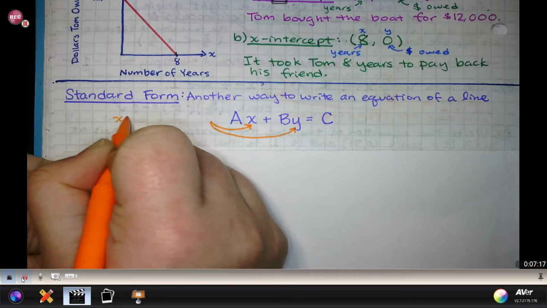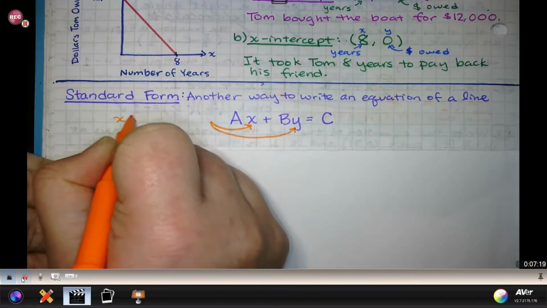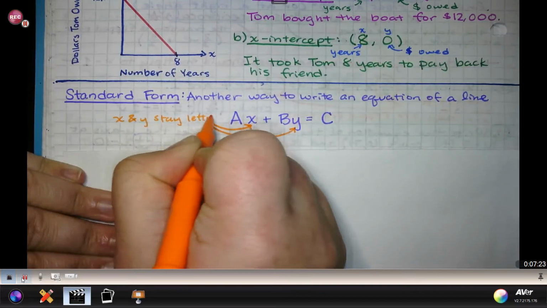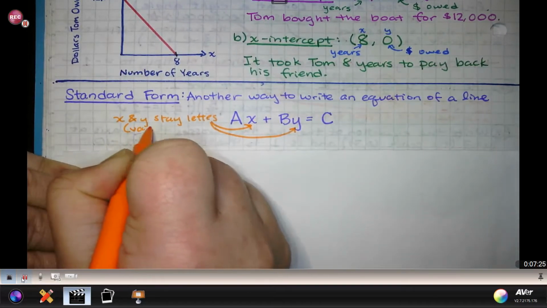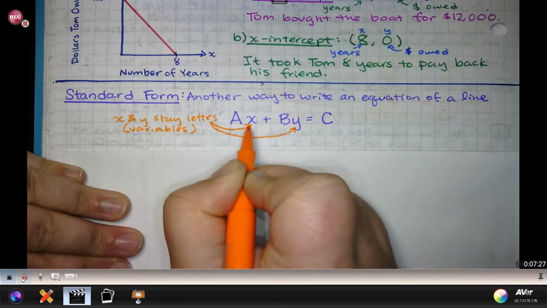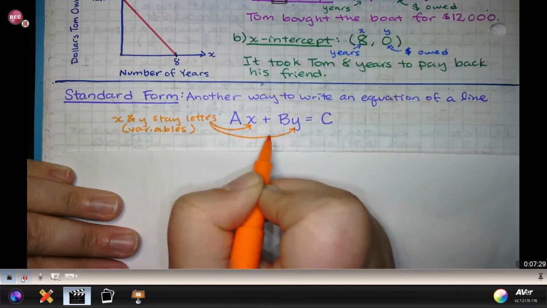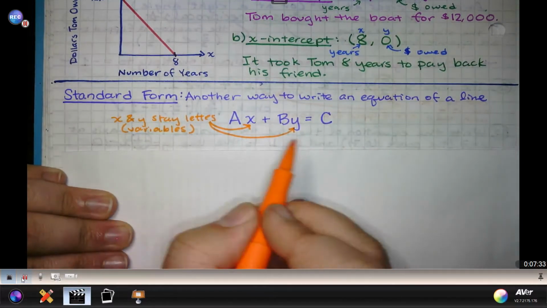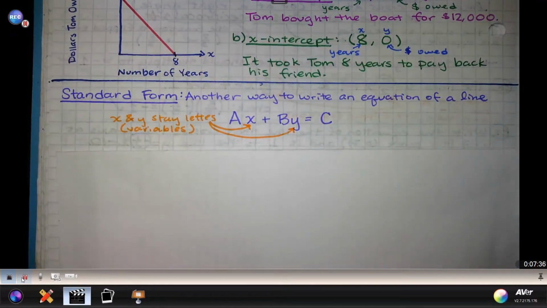So x and y stay letters or variables. And again, the reason for that is because it's a placeholder and every single point on the line is represented by those.